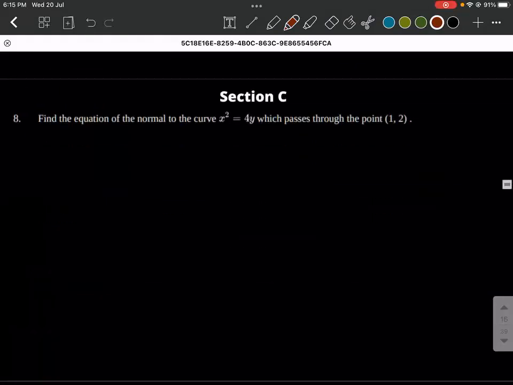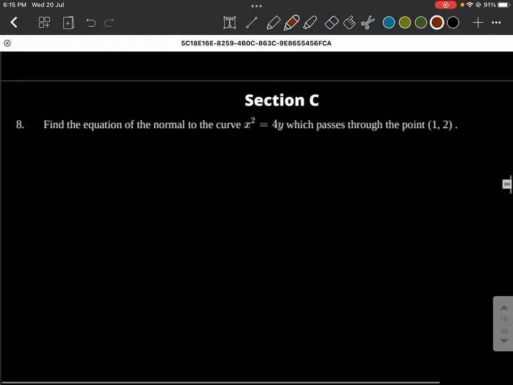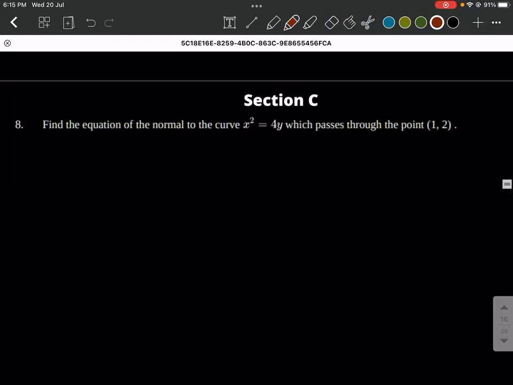Find the equation of the normal to this one which passes through the point 1, 2. So how to approach? 2x is equal to 4y dash, which implies y dash is equal to x by 2. y dash at 1, 2 will be half.